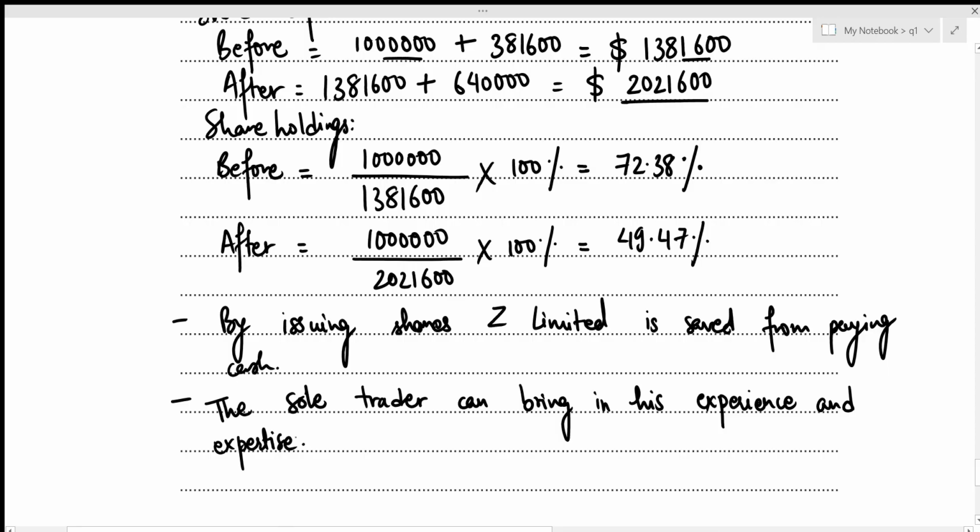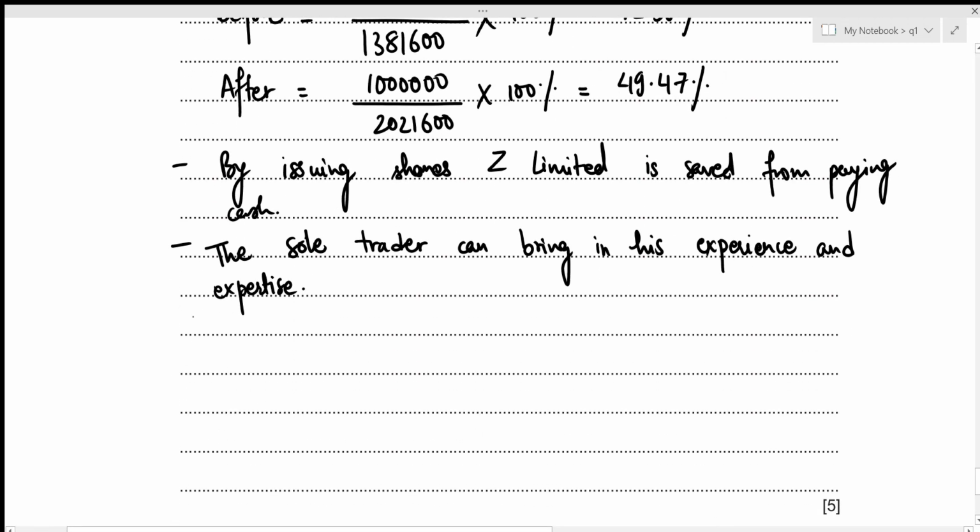But if that's the case, then they will also appoint the sole trader as the new director, which means that the original shareholders will lose the controlling interest. Let's write it down. The original shareholders will lose the controlling interest.